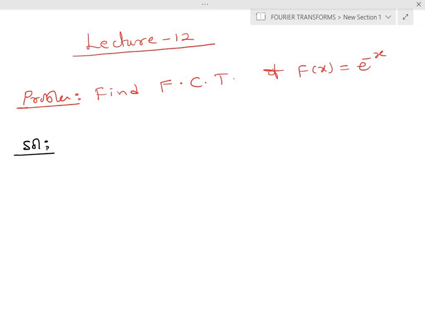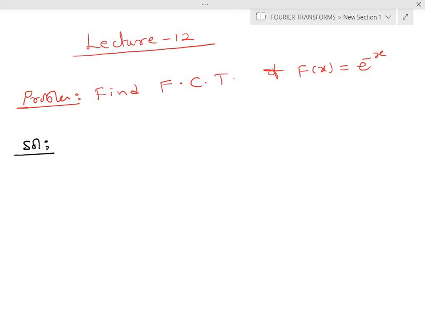So what is the very well known definition for Fourier cosine transformation? The sine transformation and cosine transformation I have already given in the previous class. Those are the basic definitions.